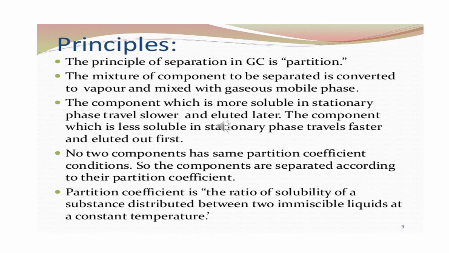No two components have the same partition coefficient condition. So, the components are separated according to their partition coefficient. Partition coefficient is the ratio of solubility of a substance distributed between two immiscible liquids at a constant temperature.